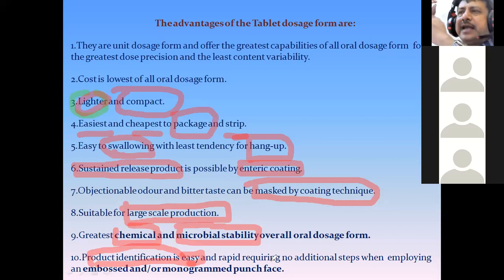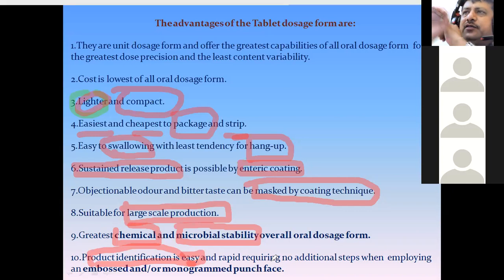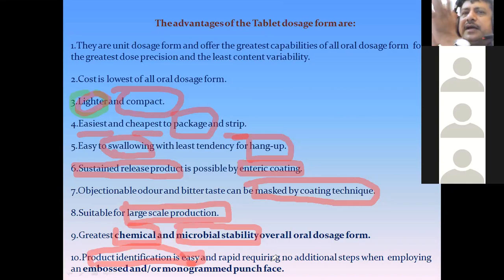So directly you can have RX or the short initial of your company embossed on your tablet itself, and it does not require additional cost in the overall manufacturing of a dosage form.